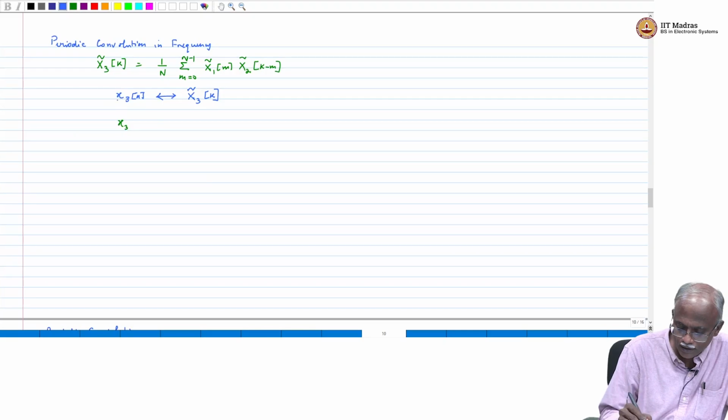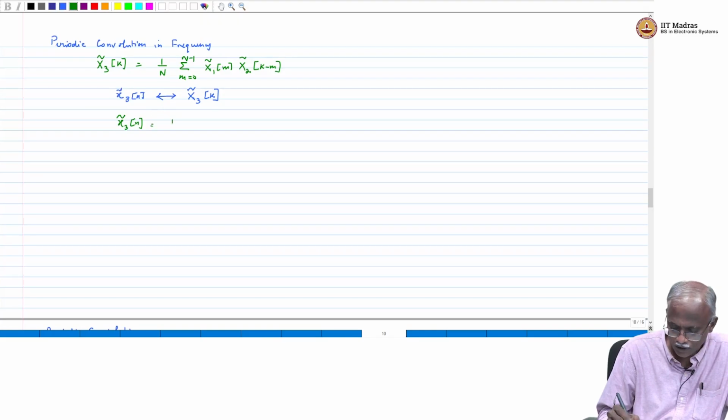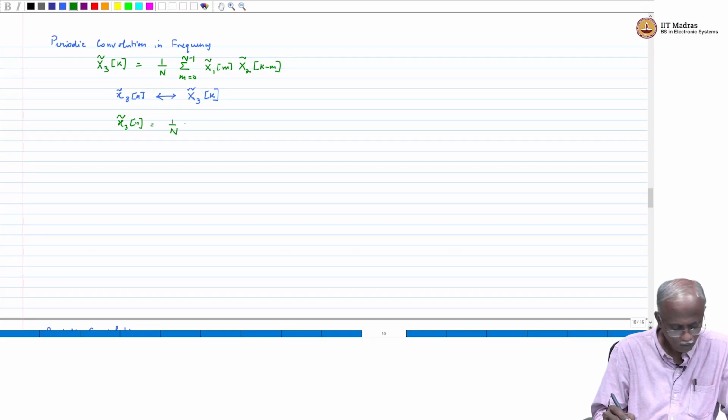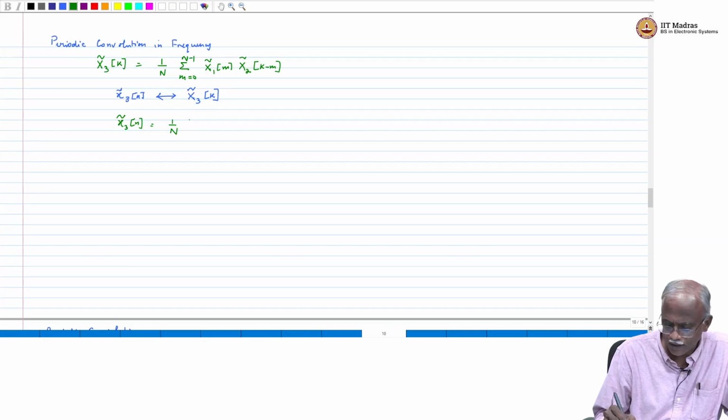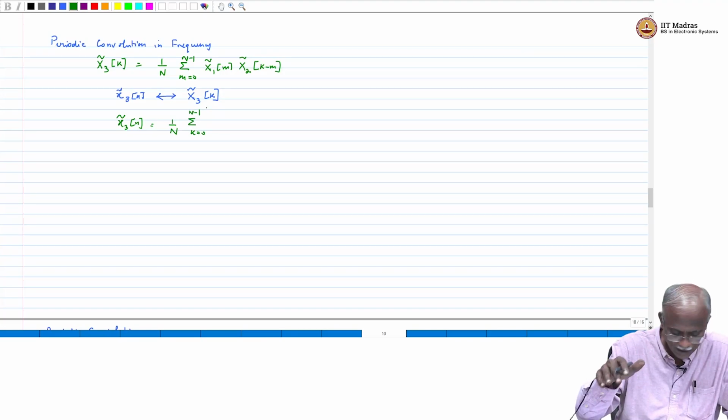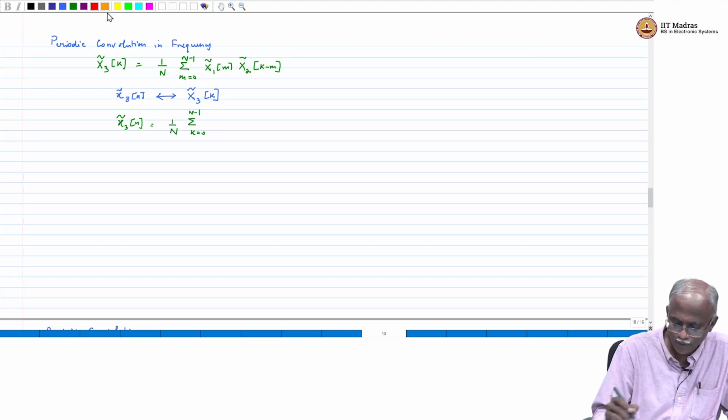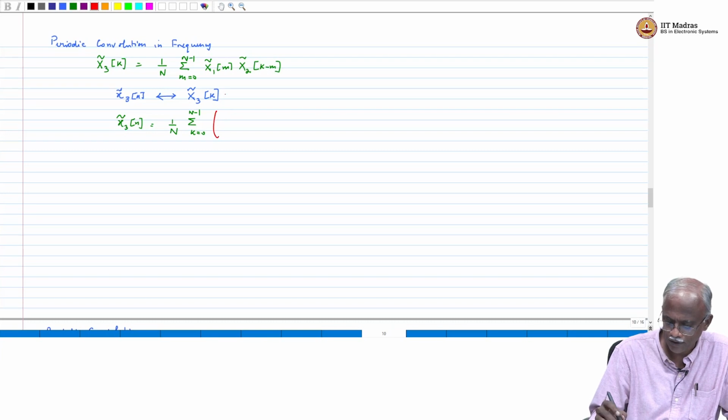x3 tilde of n is equal to, the synthesis equation is 1 over N summation k equal to 0 through N minus 1, x3 tilde of k. Instead of x3 tilde of k, I am going to write down the expression for x3 tilde of k, which is given by this term.